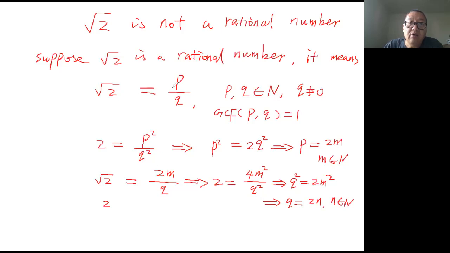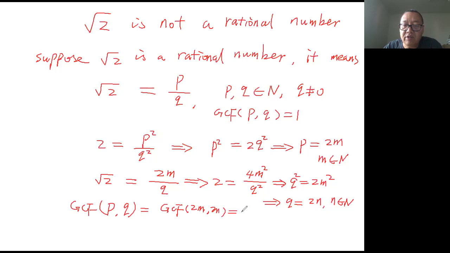Now from here we can get the greatest common factor of P and Q, which is the greatest common factor between 2m and 2n.